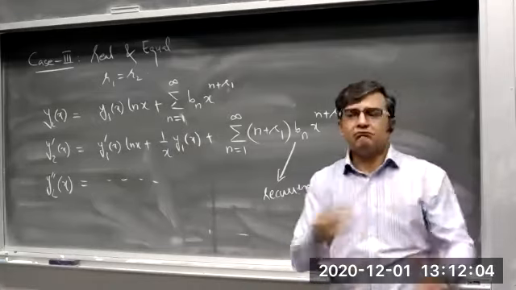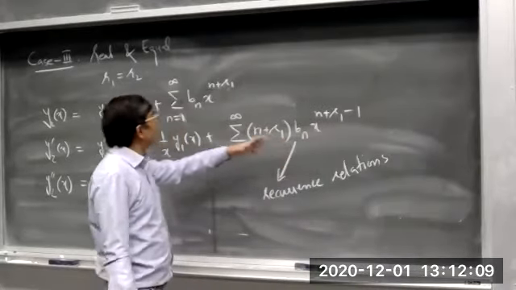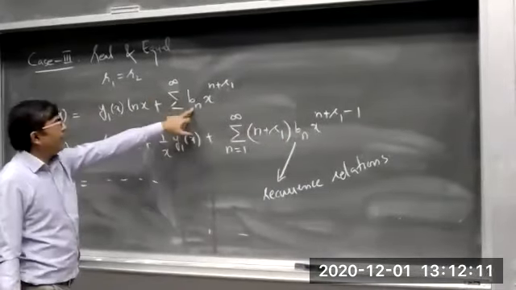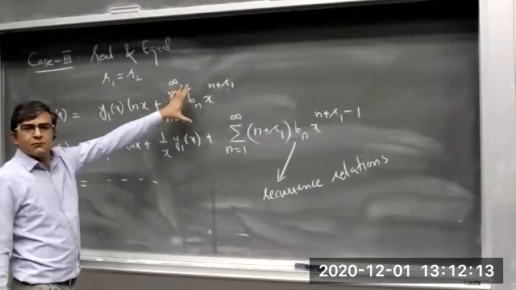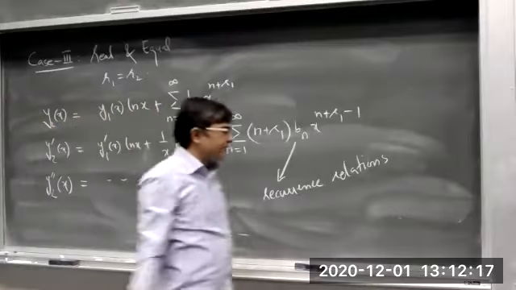And then, after finding the coefficients bn, you put them in this series along with the y1 series. This will be the second solution of the differential equation.